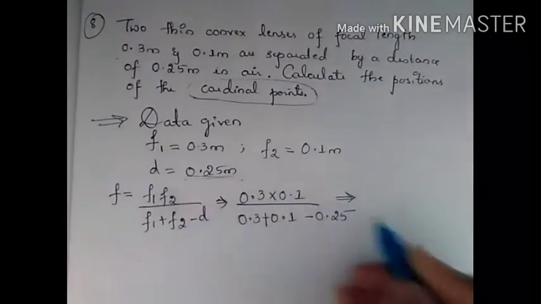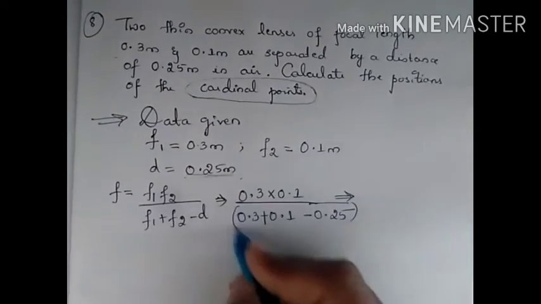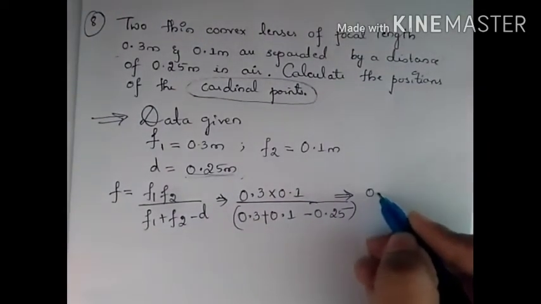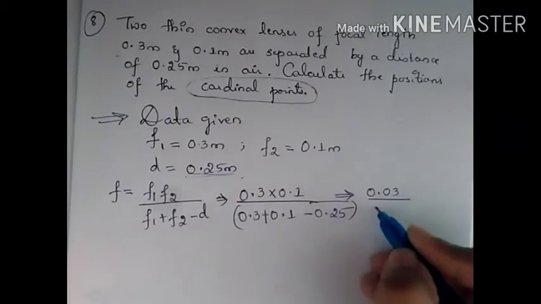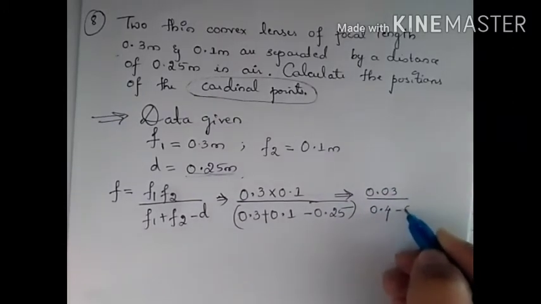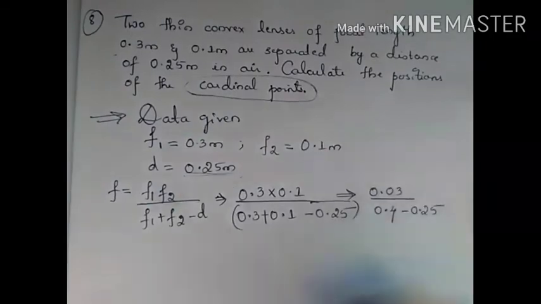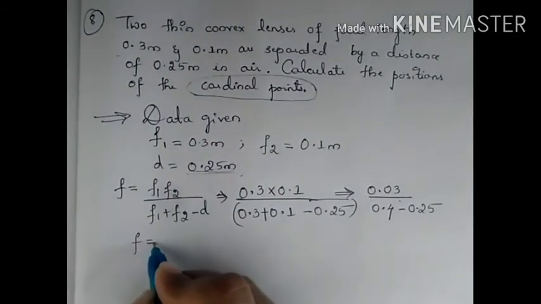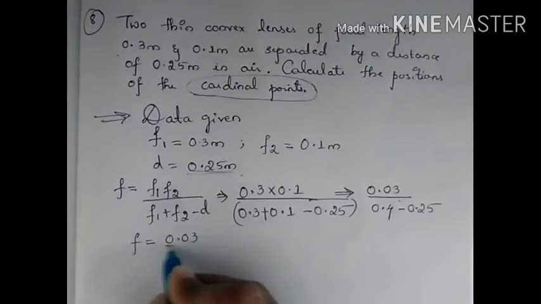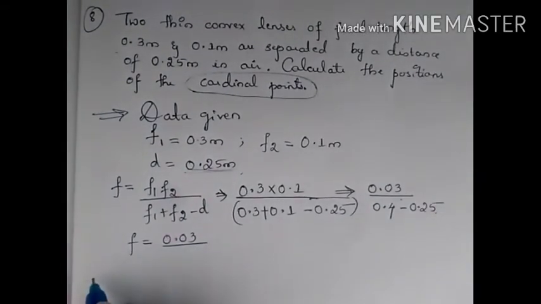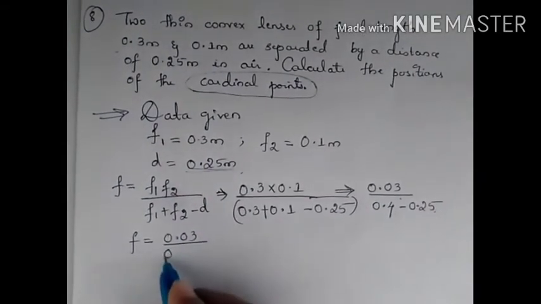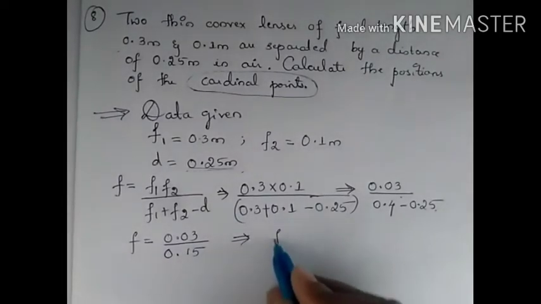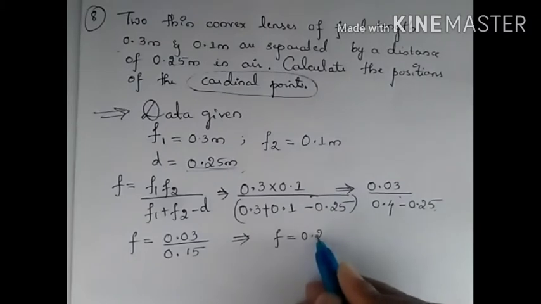So this is equal to 0.3 multiplied by 0.1, which is 0.03, divided by 0.4 minus 0.25. So now f is equal to 0.03 divided by 0.4 minus 0.25, which is 0.15. So that means f is equal to 0.2 meters.